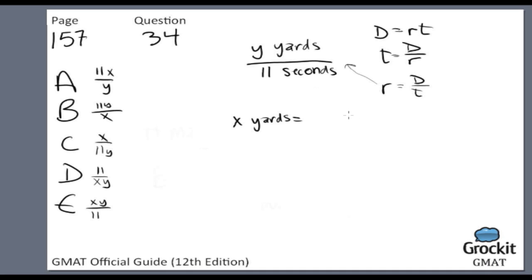remember distance equals rate times time. So X yards is going to be, we'll call it S seconds, at the rate that he has already established, which is Y yards over a period of 11 seconds, which I am going to abbreviate this time.